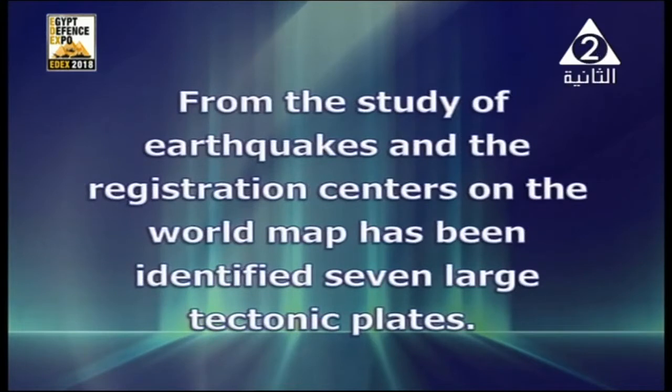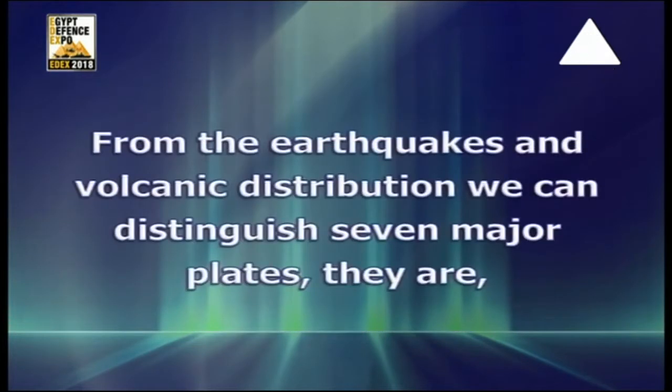From the study of earthquakes and registration centers on the world map, 7 large tectonic plates have been identified. From the earthquake and volcano distribution, we can distinguish 7 major plates.